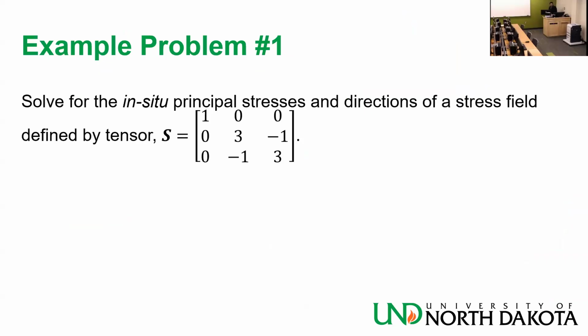So, example problem number 1. Solve for the in situ principal stresses and directions of a stress field given by tensor S. Now, I hope that you are not scared, and you shouldn't be by now: in geomechanics we have a lot of math, but the good thing is that it's going to be easy math compared to what it could have been.